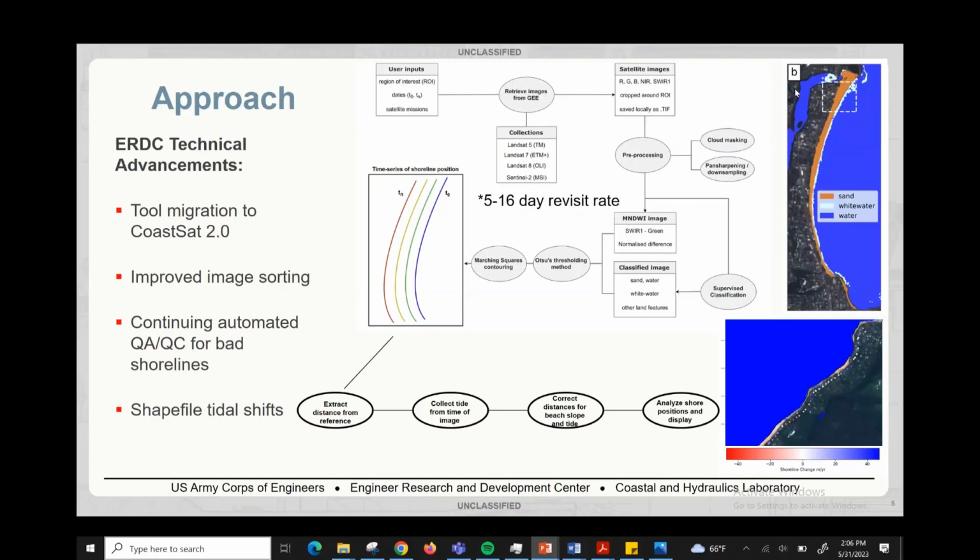And then from there, it uses this thresholding method to actually extract the shoreline along a set of transects. And so what you have then at the end is a time series of shoreline shapefiles shown by this image. We then use the tide and the time the image was taken to correct for the tide and shift our shapefiles accordingly.